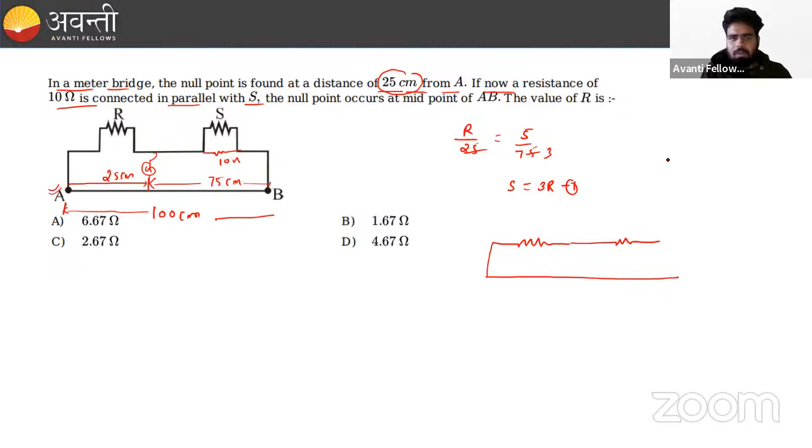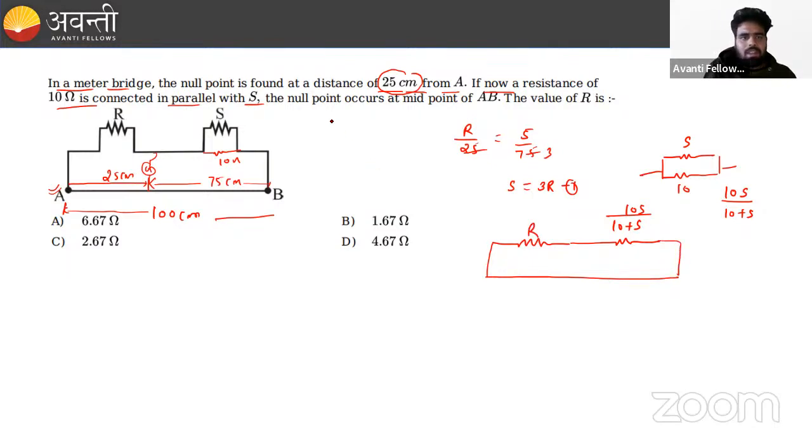Whenever two resistors, one having resistance S and another 10, are connected in parallel, the equivalent resistance is R1R2 upon R1 plus R2. Am I correct? This will become 10S divided by 10 plus S. So this is the resistance of the second branch, 10S upon 10 plus S. And this is R, correct.